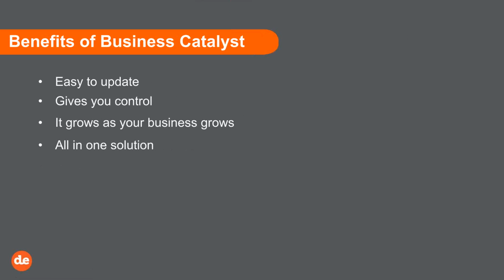What if you want to blog? Or what if you want to be able to sell online? Some of these things that we want to be able to do, BC has it all in one, under the one hood. Whereas with some other solutions, we have to look for what's known as plugins. We have to find another software program outside of your website to plug in, and hopefully it all works, but quite often that's where the problem lies.